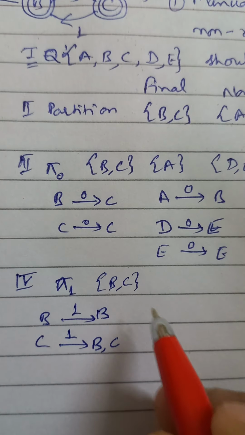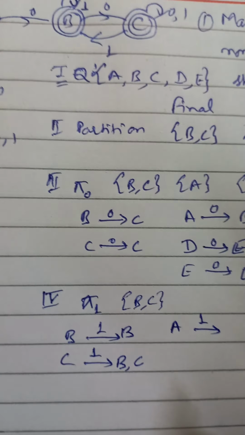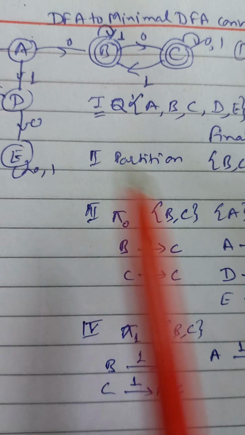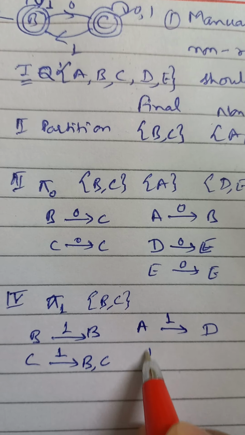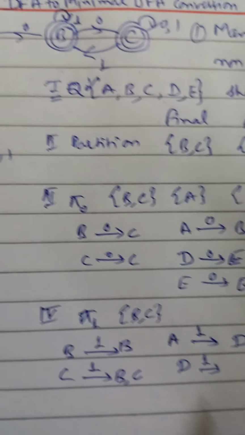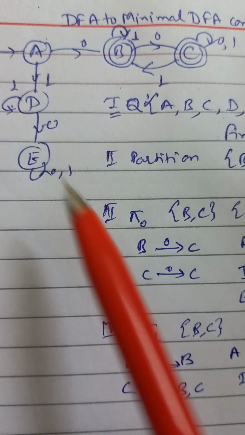In a similar way, A on 1 is heading towards D, and D on 1 is heading towards D only, because there is a loop on D.